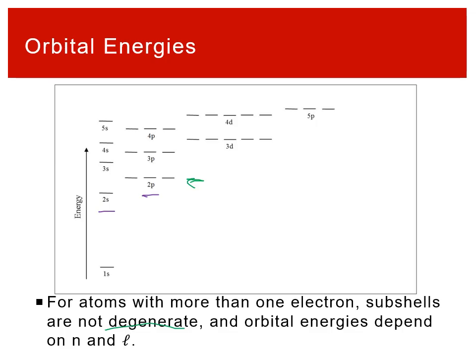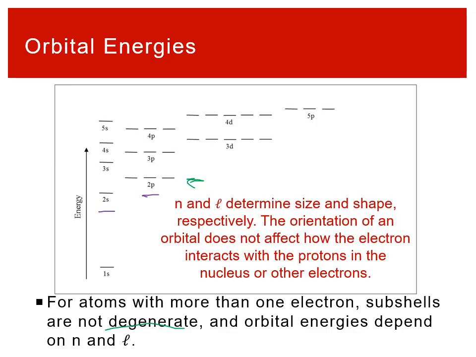You only need to look at subshells. Different orbitals within a subshell all have the same energy, which makes sense because they just have different orientations. It's like a dumbbell pointing in different directions, but it's all the same idea. That n and l, though, determine size and shape, and that's really going to affect how those electrons interact with each other and the nucleus, and therefore the energy.